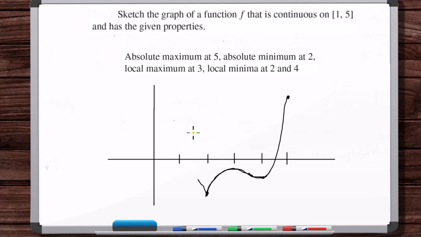And then, so we've got the local max at 3, local min at 4, local min at 2, and global min at 2, absolute max at 5, and then at 1, the function just needs to be defined. So like that.